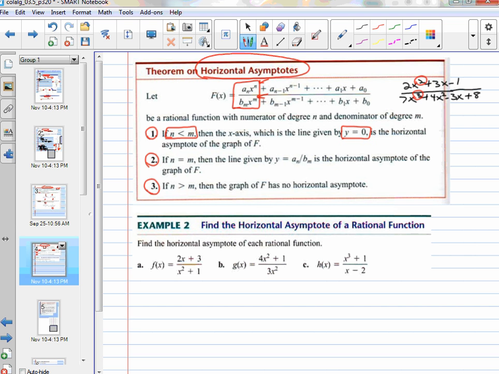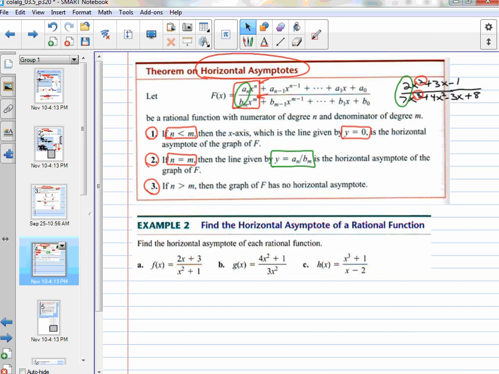If the degrees equal each other, let's say I had a second degree over a second degree, or a third degree over a third degree, I just divide the lead coefficients. 2/7. It would be y equals 2/7 in my example if the degrees were the same. A over b, those are just the lead coefficients. That's where the horizontal is.